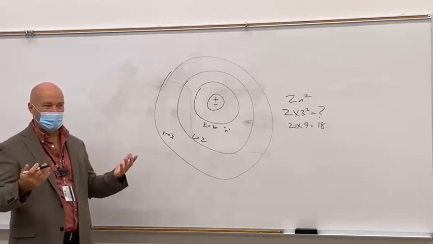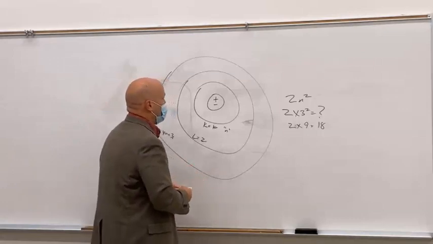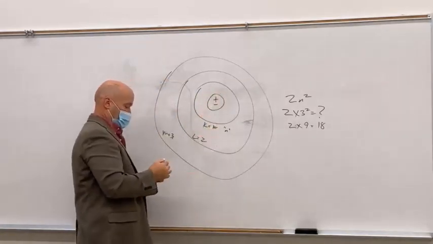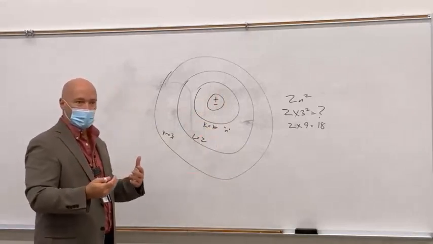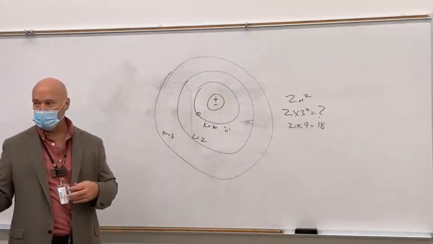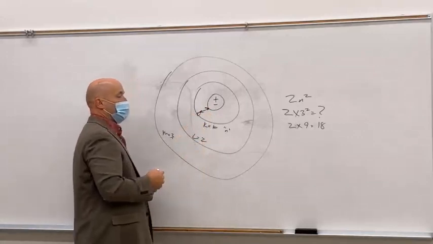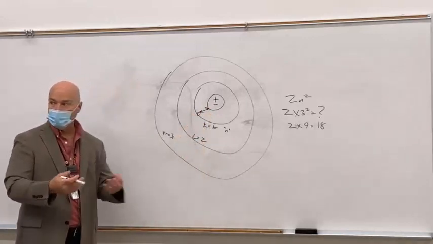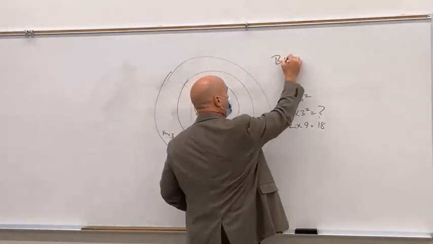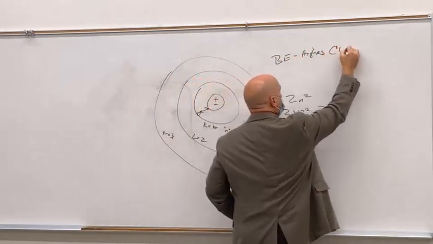So we use gravitational pull as an analogy. The closer you get to the nucleus, the greater that pull and the stronger the binding energy. The binding energy equals gravitational pull, so the greater these two are attracted to each other, the harder it is to move them out, to get rid of them. So binding energy is highest close to the nucleus.